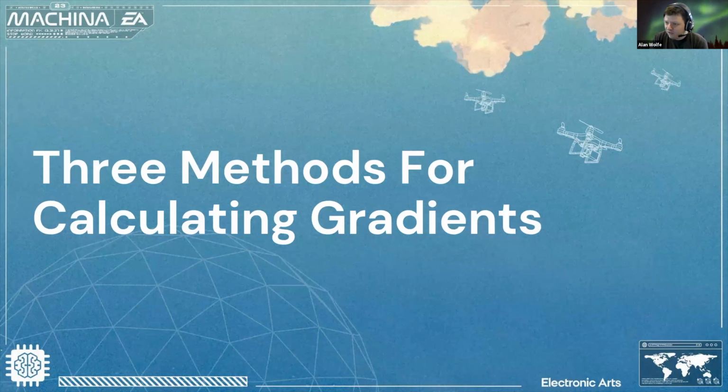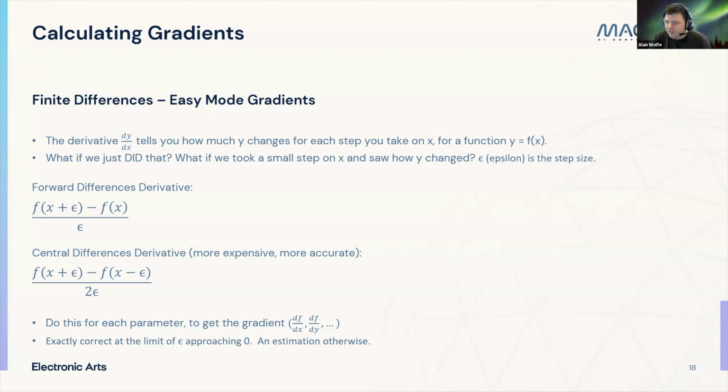Okay, so moving on, let's next talk about 3 different methods for calculating gradients. We'll start off with finite differences, which is the easy mode way to get derivatives and gradients. If you think about what a derivative is, for a function y equals f of x, it tells you how much y changes when you take a step on the x-axis.